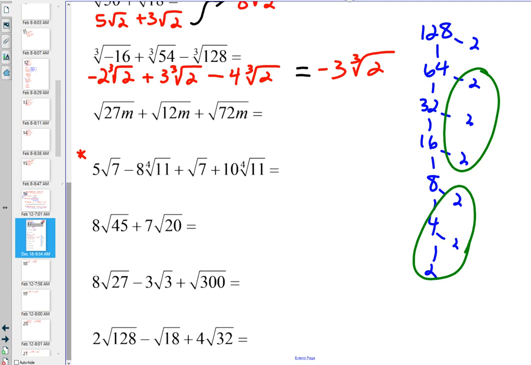Negative 8. The fourth roots with the fourth roots. Square roots with the square roots. What is 5 plus 1? 6. So then the coefficient is 1 here. So 6 square root of 7. Negative 8 plus 10 is plus 2, 4th root of 11.